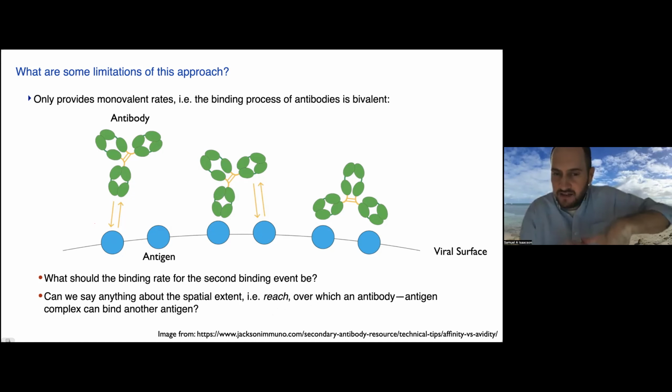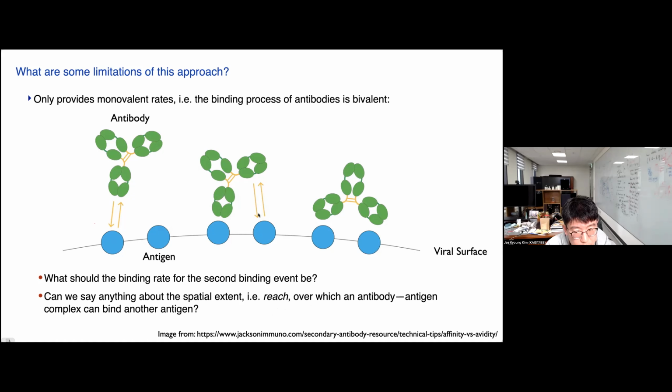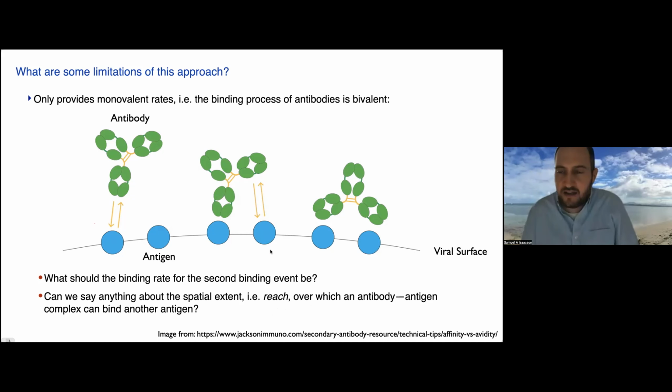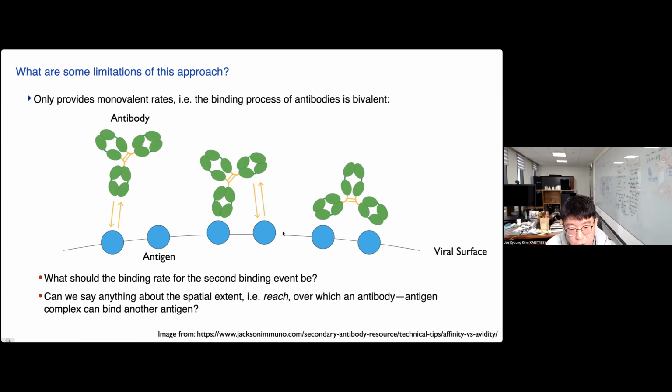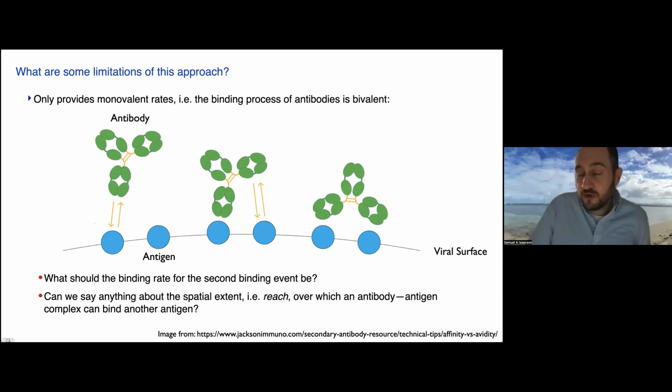I see. That is, how far away could this guy be so that this can bind to it? Okay. I see. So you really mean that the second binding cannot target the old antigen, right? So only locally they can bind. Only those that are close enough to be within reach, to be able to actually encounter this free arm.